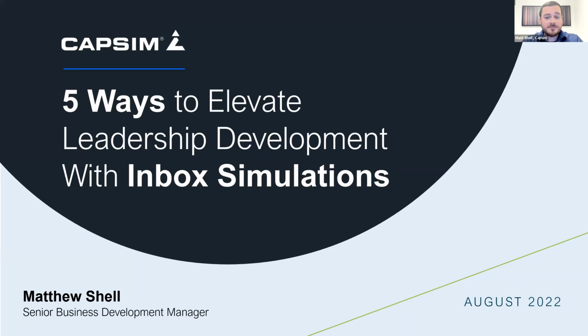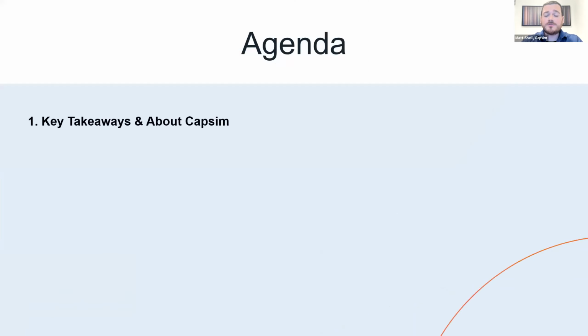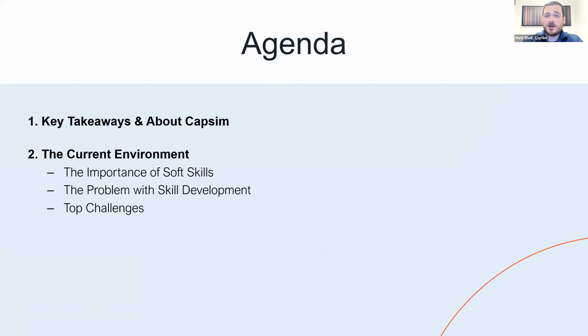But before we jump in, let's just take a quick look at the agenda of what we'll be covering today. To start off, I'll share with you all the key takeaways of today's session, and then we'll briefly describe who we are here at Capsim. From there, we're going to jump right into a look at the current training environments with a particular emphasis on the importance of soft skills in leadership development.